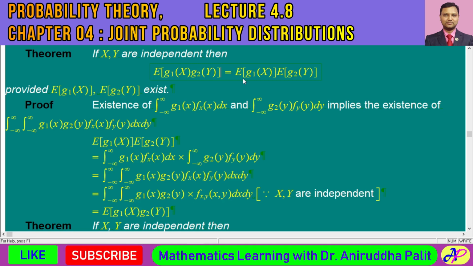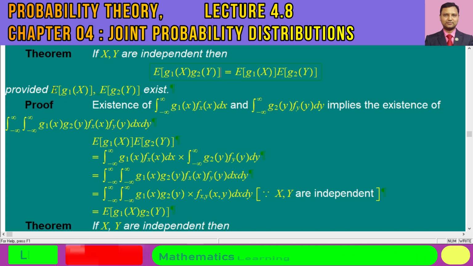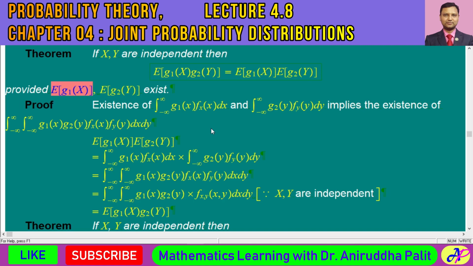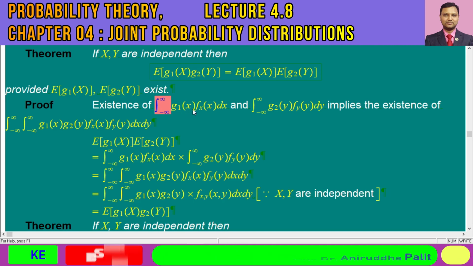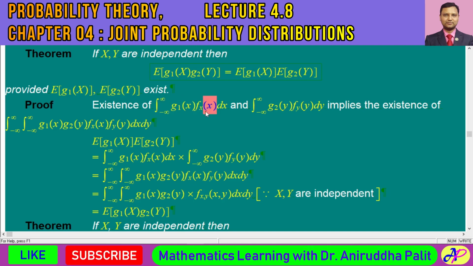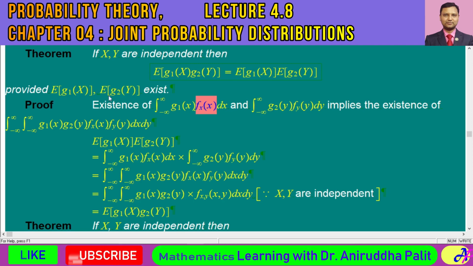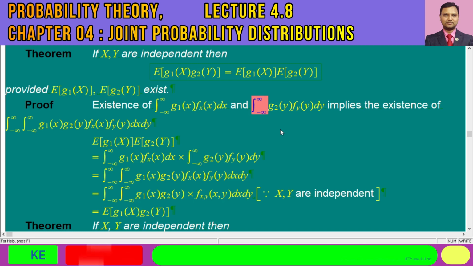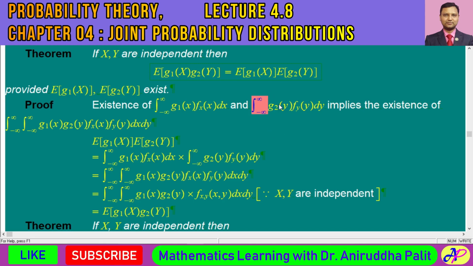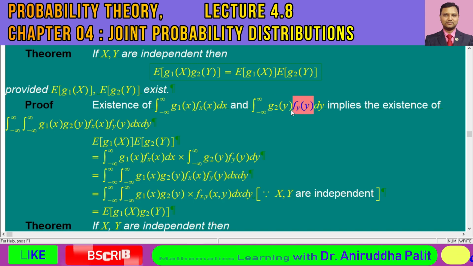In the case of continuous random variables, the expectation of g1x will be equal to the integral from minus infinity to infinity of g1 of small x multiplied by the corresponding marginal density function of x, that is fxx into dx, and the expectation of g2y would be equal to the infinite integral from minus infinity to infinity of g2y multiplied by the corresponding marginal density function fyy dy.